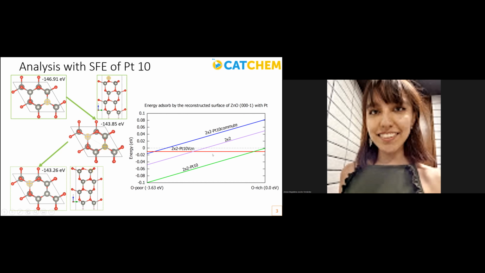The next most stable was the surface without any adsorbed transition metal. And the most unstable, or least feasible to obtain, is the one where we exchanged the atoms in the surface. The platinum with a zinc vacancy is possible to obtain, but it's not the best option that we have.